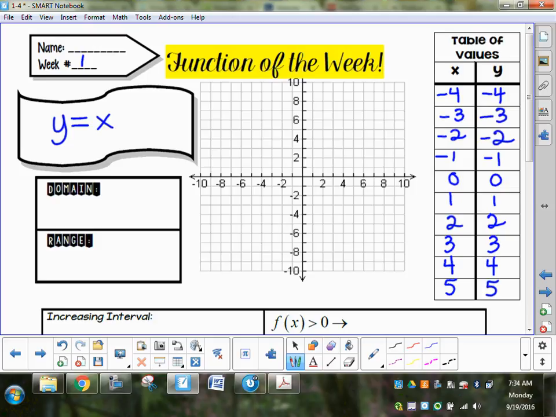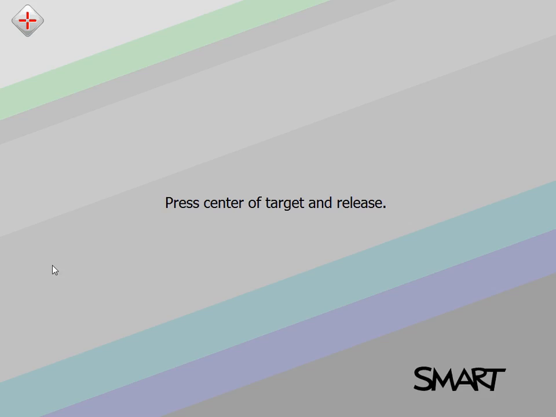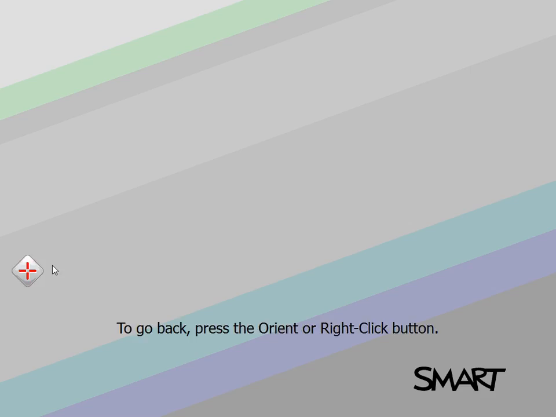So if I were to graph this out, go through and graph out all those points. And we'll answer as many of the questions as we can.